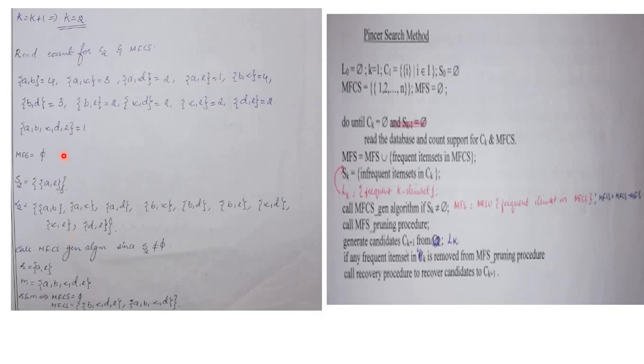Yes, AE is a subset of ABCDE. So we have to break the MFCS. First remove A from it. What we get is BCDE. BCDE is not a part of the current MFCS, so include it. Next you remove E, you get ABCD. ABCD is not a part of the current MFCS, so you include it. So after breaking this down, I get two sets, that is BCDE and ABCD.